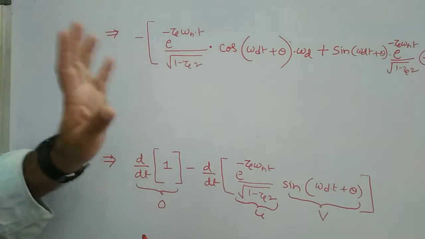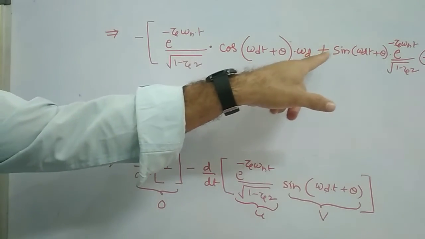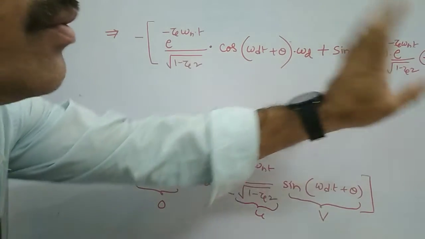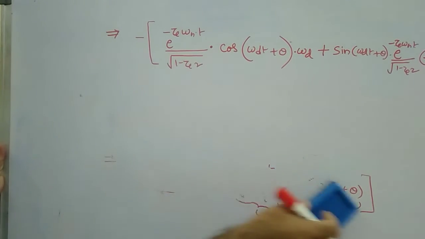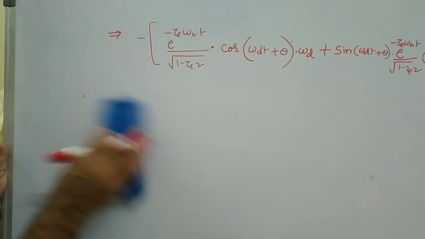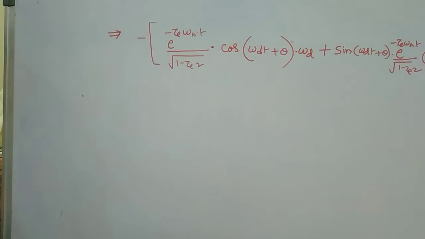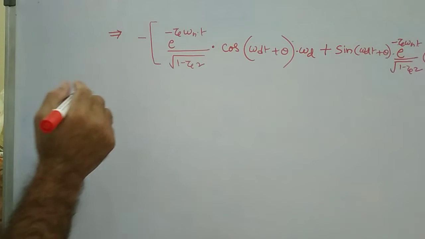This is the meaning of u into dv plus v into du. Understood? It is a very simple formula. You might have studied it, you definitely should have studied it in your intermediate. There is nothing new actually. Clear? And then, what is the next step?